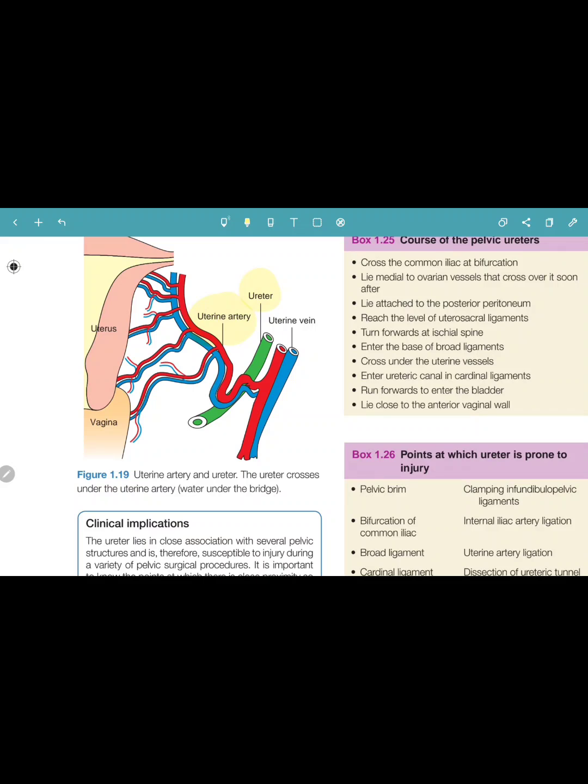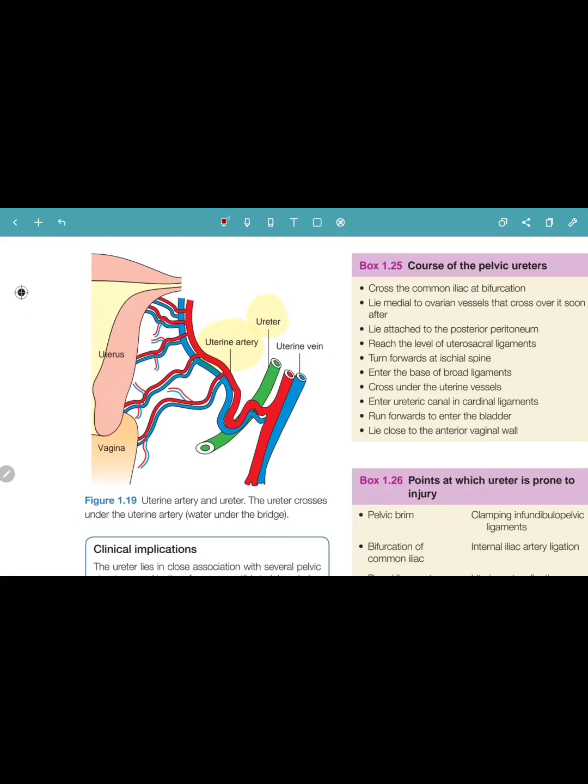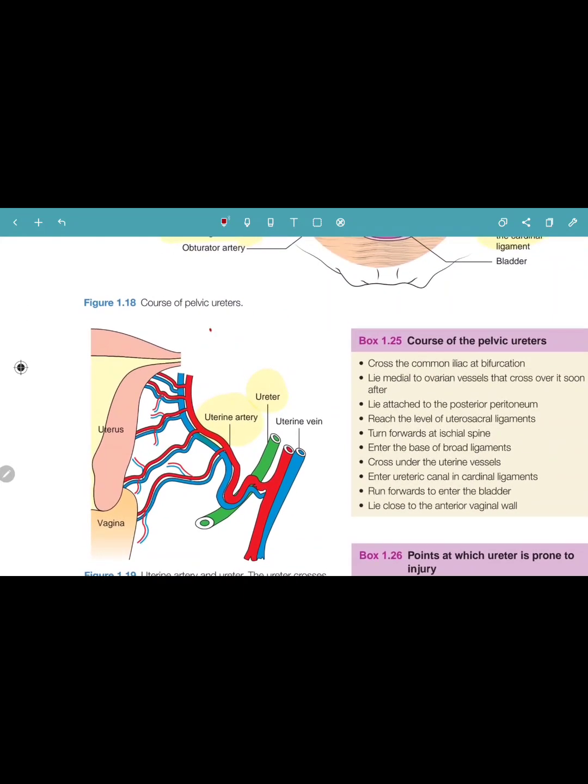It is like water under the bridge. Because the ureter crosses under the uterine artery, it is like water under the bridge.